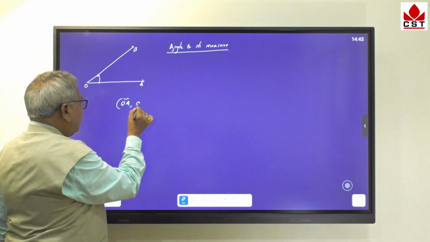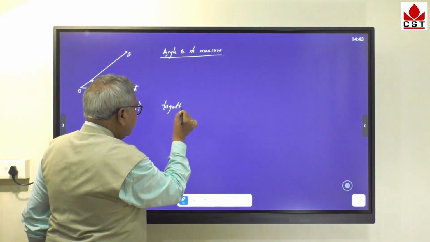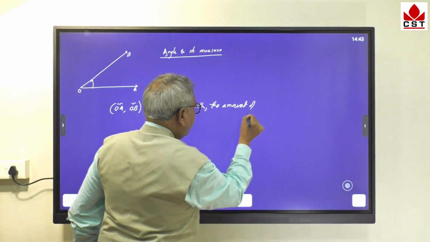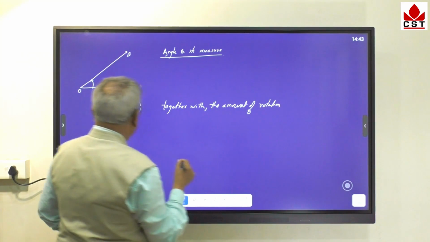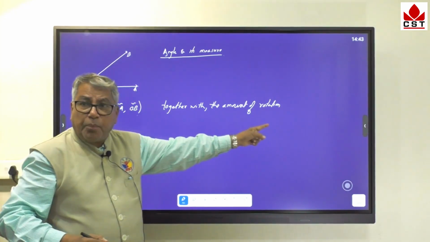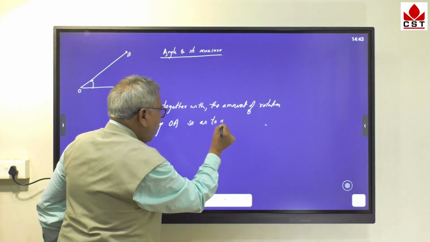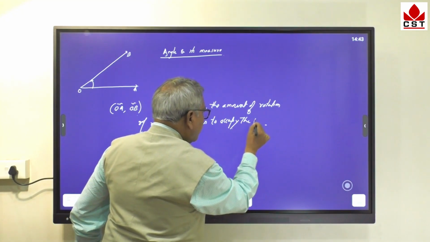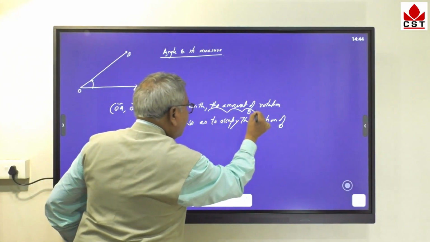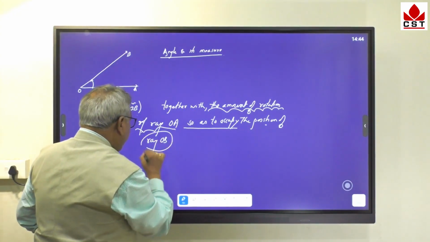It is important: the ordered pair of ray OA and ray OB, together with the amount of rotation of ray OA so as to occupy the position of ray OB.